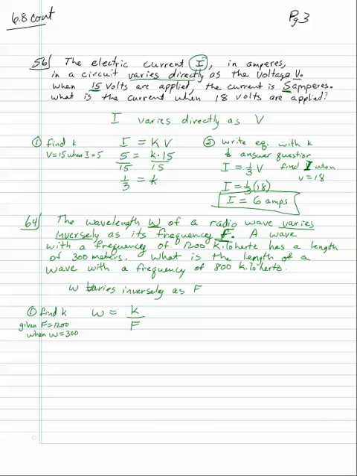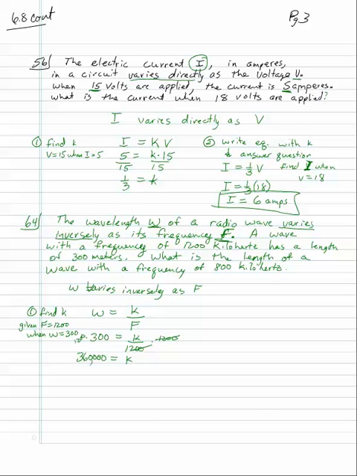We could have used L for wavelength, but they told us wavelength is w, so we're fine. I just would have used L. Anyway, so I'm going to plug these numbers in to solve it for k. So multiply both sides by 1200. Cancel out the fraction. So k is 360,000.